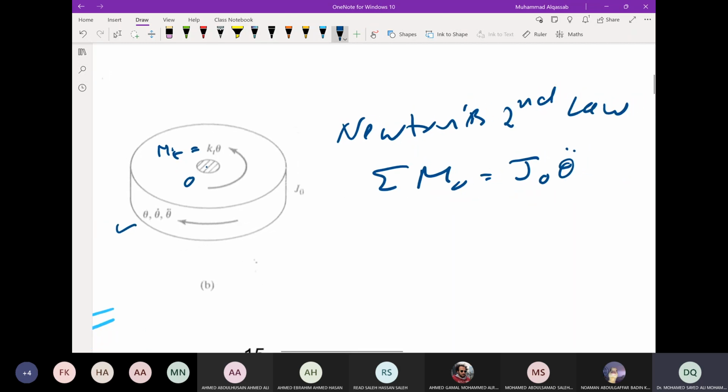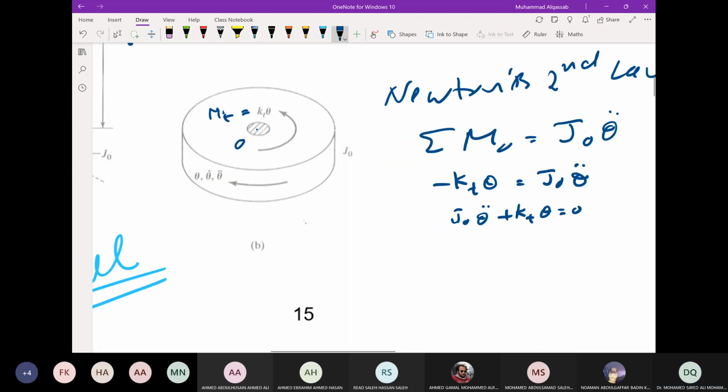So with the assumed positive direction clockwise, we have minus Kt theta equal to Jo theta double dot. Taking everything on one side, we have Jo theta double dot plus Kt theta equal to 0. So that's the equation of motion.